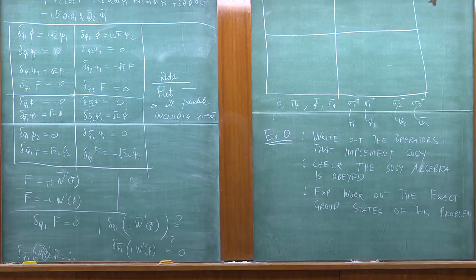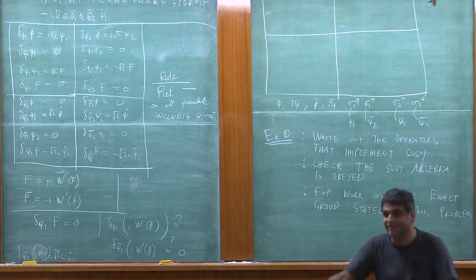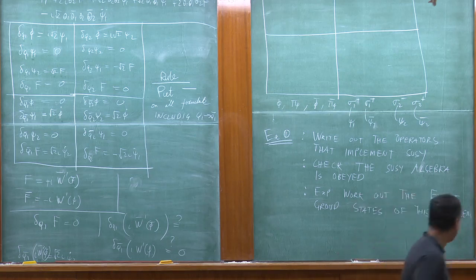It's simple, there's nothing to it, but you have to say it once. The second reason was for the physics, and the physics is that of scalar manifolds. And that's where we're going now.